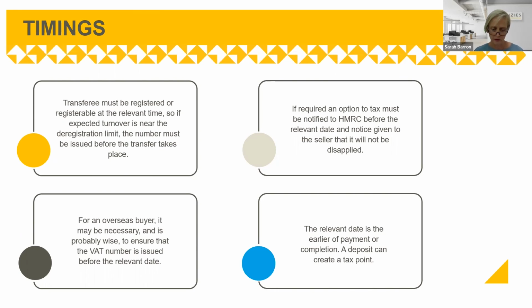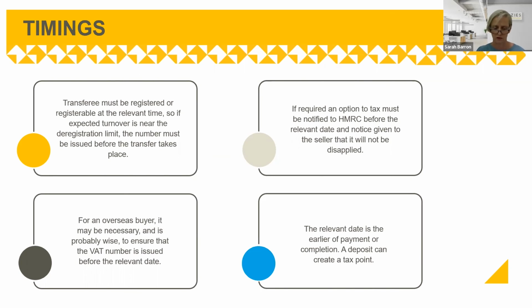But yes, the transferee needs to be VAT registered or registrable, which means that if the turnover of the business is over the VAT registration threshold, they become registrable at the point when they receive the business. If the turnover is below the threshold, we need to make sure that we've got a VAT number in place, because technically they're not registrable.